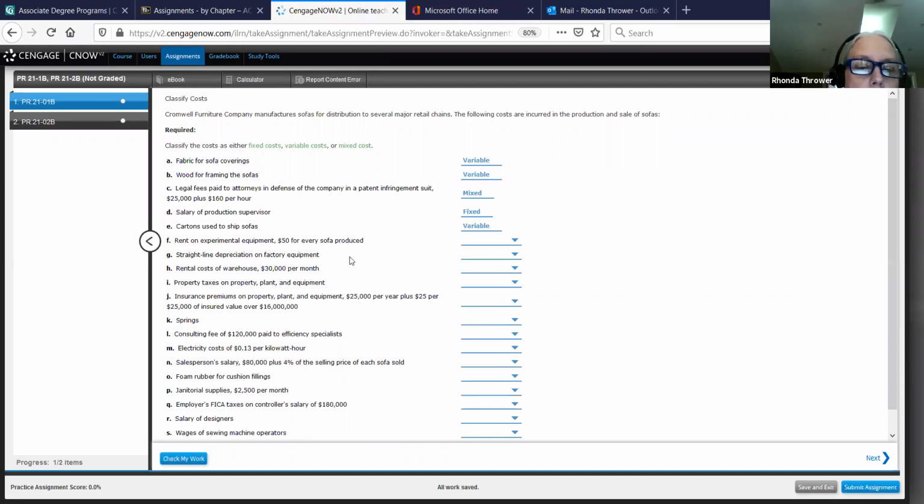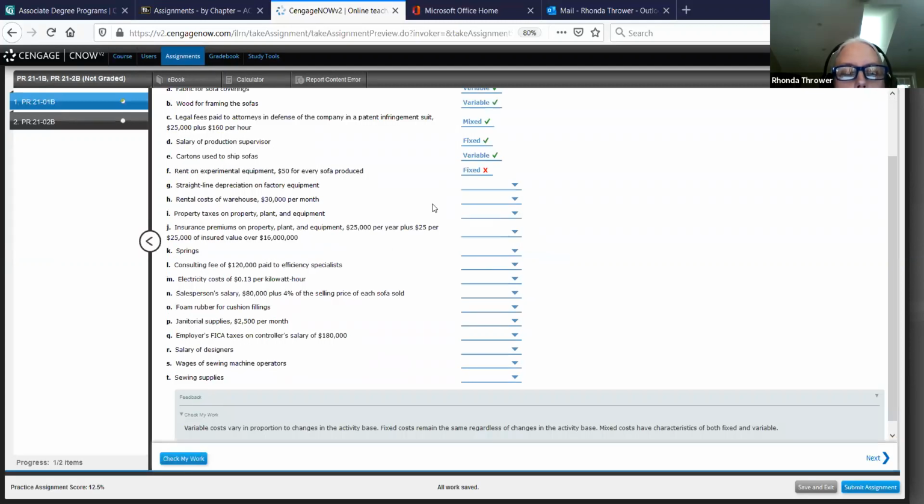So sometimes you have to use your own judgment, and you have to be careful when you're analyzing these. I would tend to think of rent as being a fixed cost. The fixed portion of this is $50 for every sofa produced. It's not telling you that you produce 50,000 sofas here. It's just saying that it is $50 as a fixed amount for each sofa produced.